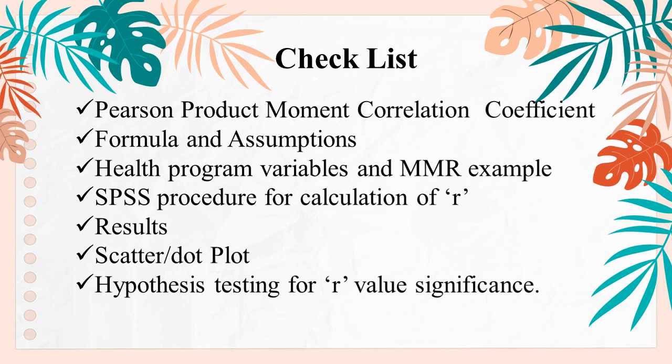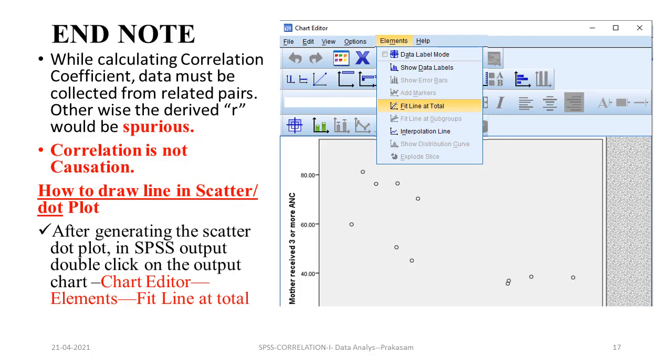And how to calculate the correlation coefficient by using SPSS, the results and discussions, how to draw the scatter dot plots, and hypothesis testing of the r value for significance have been discussed in this.